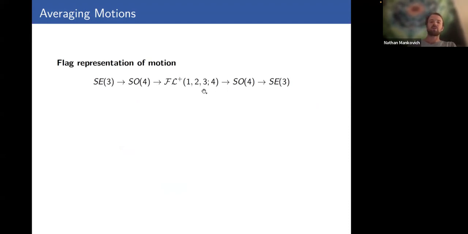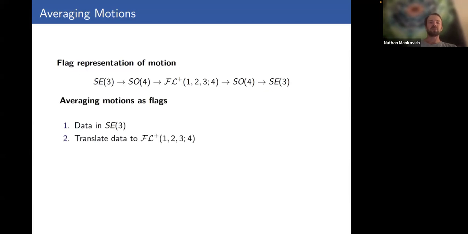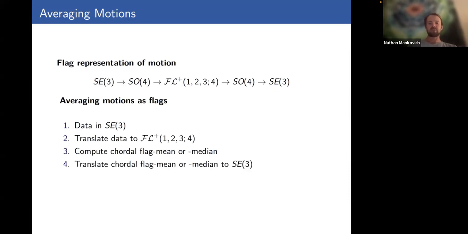I'm not going to talk about what an oriented flag is, but there's a map from SE3 to take you to flags, and there's a map back to SE3, and we can translate our flag averaging algorithm to work over this space. And that's what we did. So we took data in SE3, translated it to this flag, computed these means and medians, and translated them back.